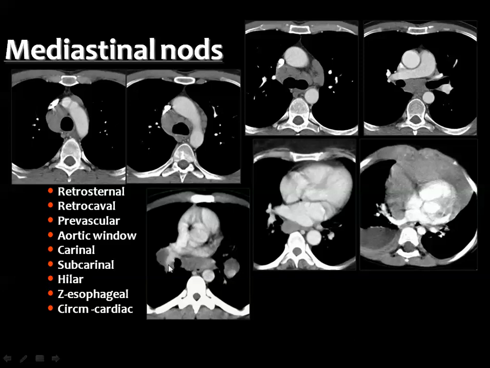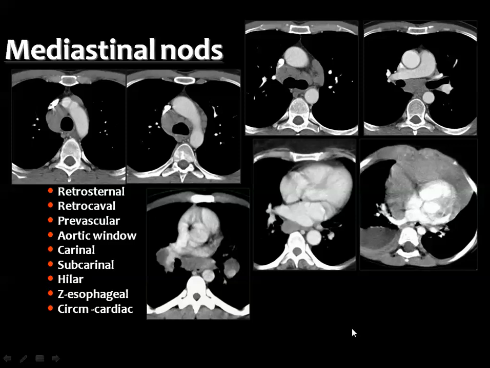Then we have the azygoesophageal or posterior mediastinal nodes, which are related to the azygos vein and the esophagus. And finally, we have the circumcardiac lymph nodes, which are arranged around the pericardium. And if you remember, these nodes are pathognomonic for non-Hodgkin lymphoma in both the pediatric and adult age groups.